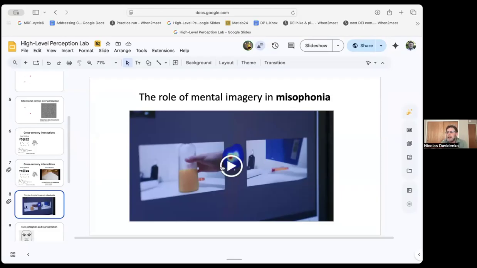You're not going to hear any sounds as I play this, but you're going to see this little hot spot. That's where participants' eyes are. So this is data from an eye tracking study, and this little red dot that's going to be moving around shows you where that participant was looking at any given time.